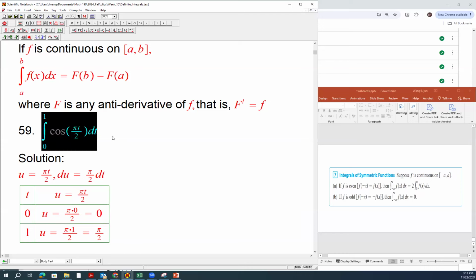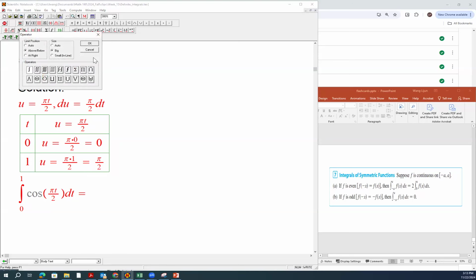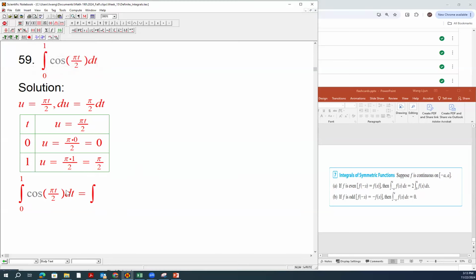So when we are doing the substitution, we're going to be doing the following work. All of this has to be done in one step, so take your time. First of all, we have this definite integral notation.